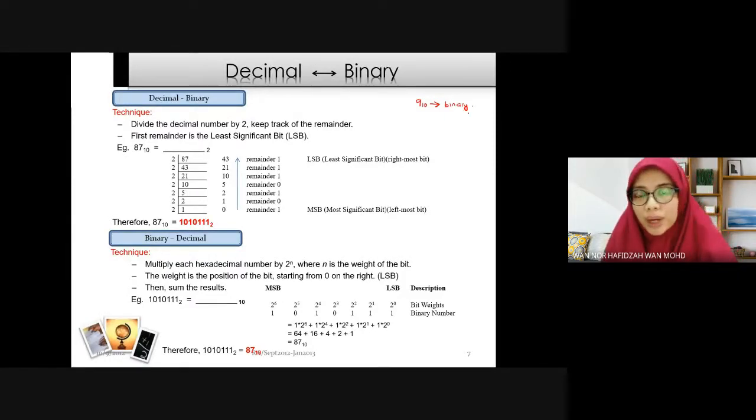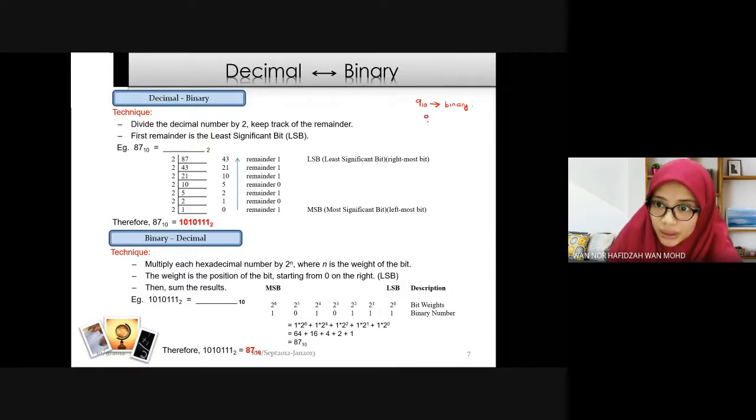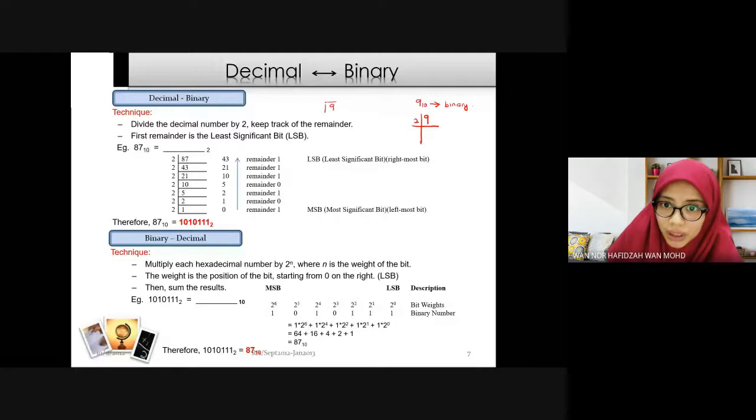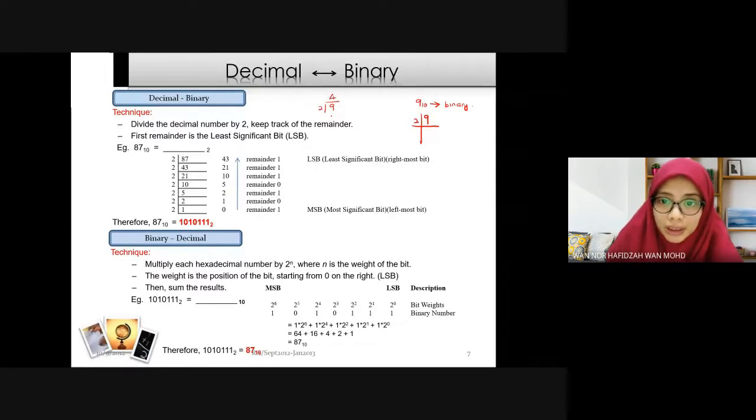I know that binary is base 2. So I need to divide this decimal number with the base. So 9 divide by 2, macam ni lah, 9 bahagi 2. We get 4, and then we have 1 remainder.